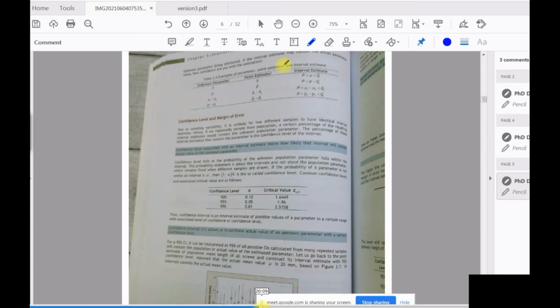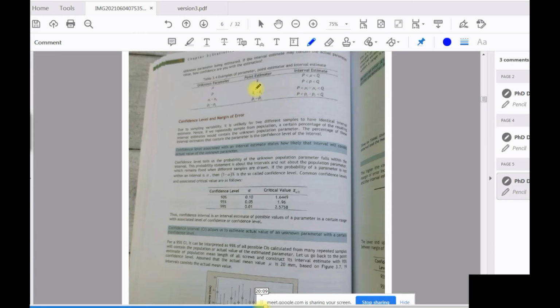So here we have the interval estimation. If the unknown is mu, we denote it as mu, mu1 minus mu2, p, p1 minus p2. For point estimation here, instead of mu, we denote x bar, p hat, and x1 bar minus x2 bar.